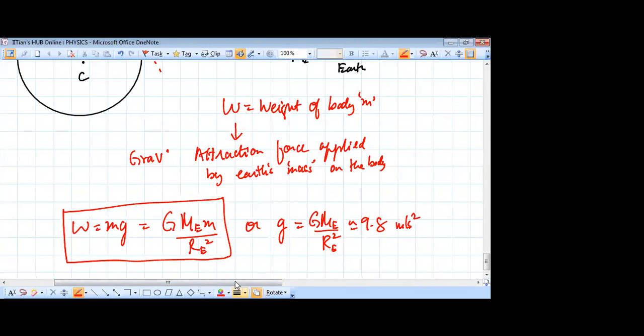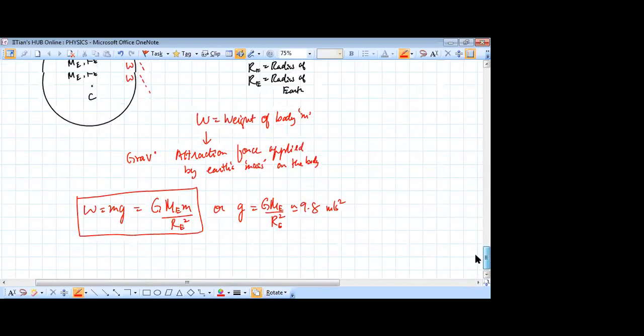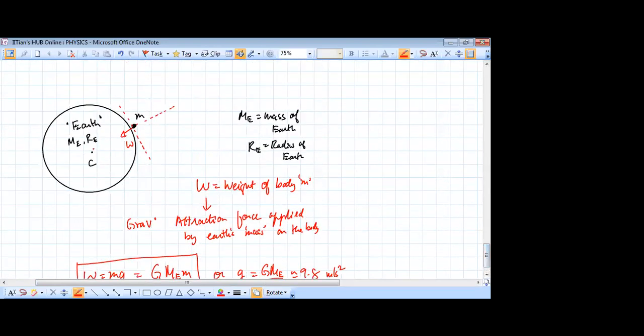Okay. Now coming to the action-reaction principle over here. What will happen is that the Earth's center also experiences an equal and opposite force. You don't see the effect of that force at all because the Earth's mass is very huge.